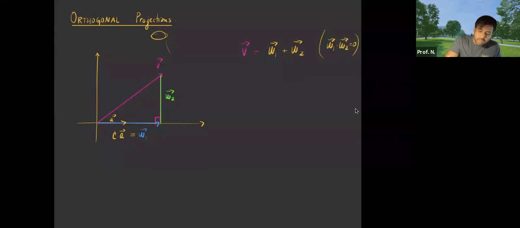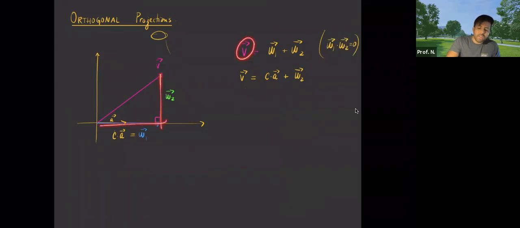So I'm going to rewrite this: V is equal to C times A plus W2. There is some vector A such that taking the scalar multiple of it makes W1, and then you have W2, and when you add these two vectors together, it gives you V.